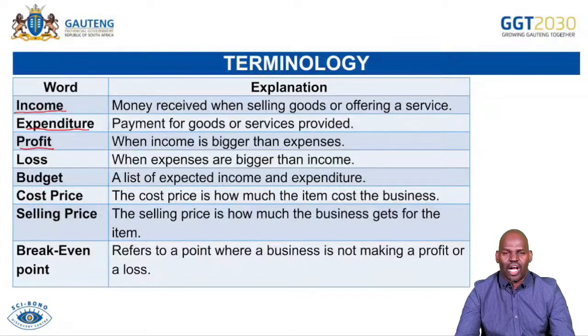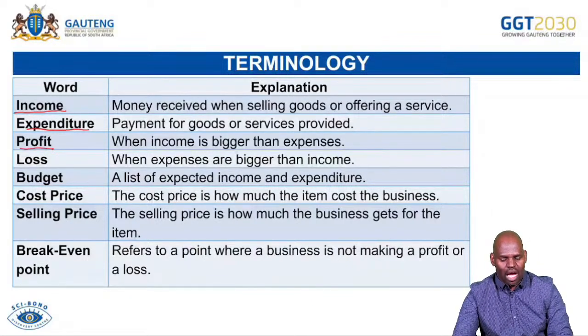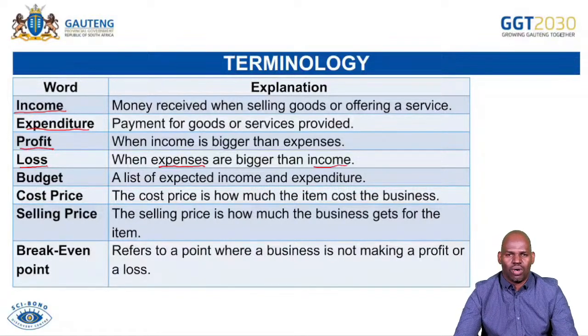When income is bigger than expenses, that will be a profit. But when expenses are bigger than income, then we say this is a loss. It means you would not be making any profit there.